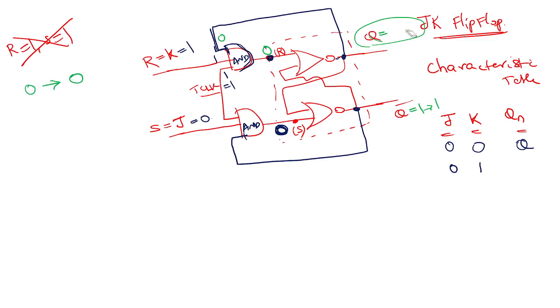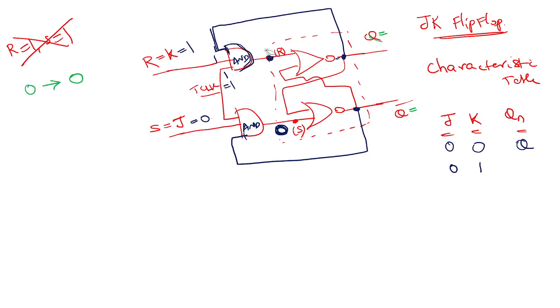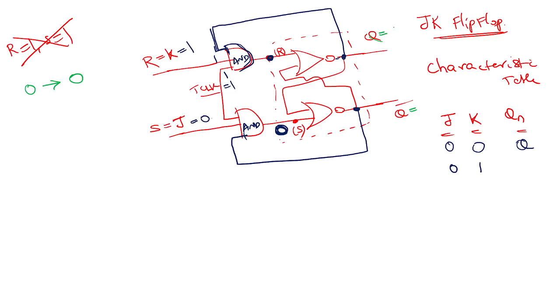Now let's assume something else. Let's say I'll assume 1 here. This will be 0, right? I'm assuming 1. Let me see what I will get. This 1 will be applied here. 1, 1, 1. So this is 1. And we know already one of the inputs of the NOR gate is 1.